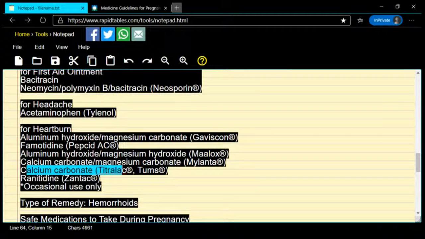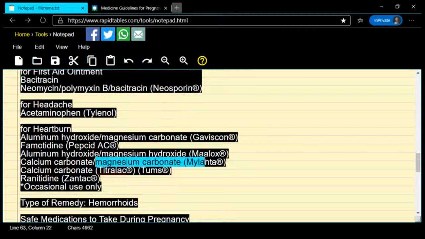Calcium carbonate, Tums, is also important. These are two calcium carbonate products: one is Mylanta, or calcium carbonate only, Tums, Titralac.